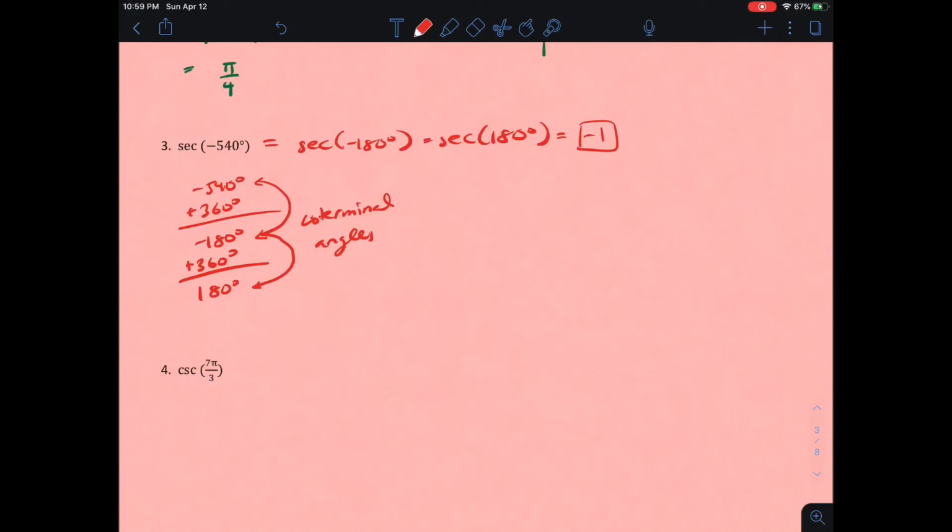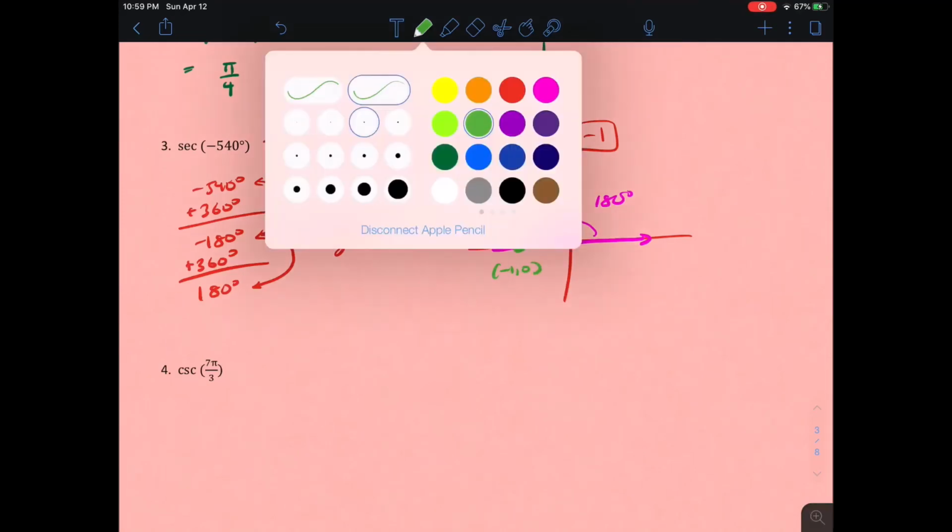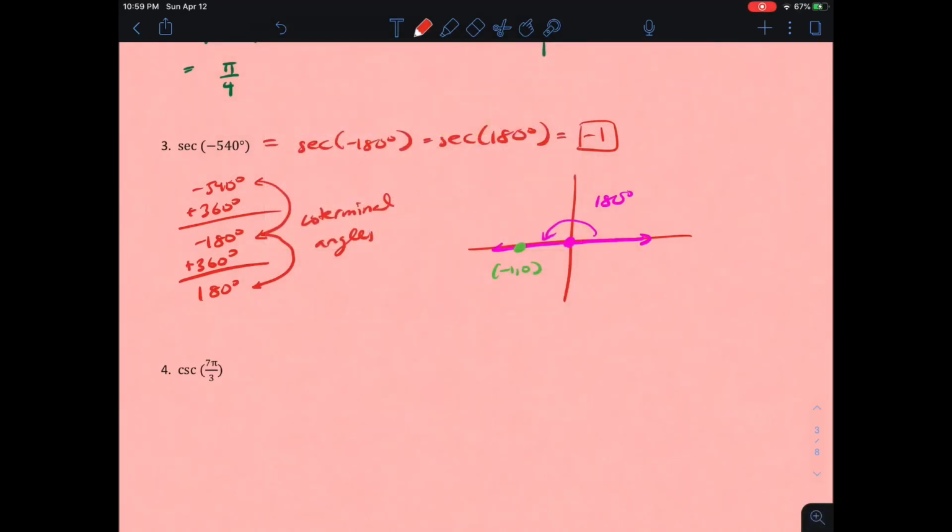The way you can derive this, by the way, is you can just draw your angle here in standard position. 180 degrees will look something like this. And then you could take an arbitrary point on the terminal side. I'm going to pick negative 1, 0. I know that this distance here, r, is just 1.